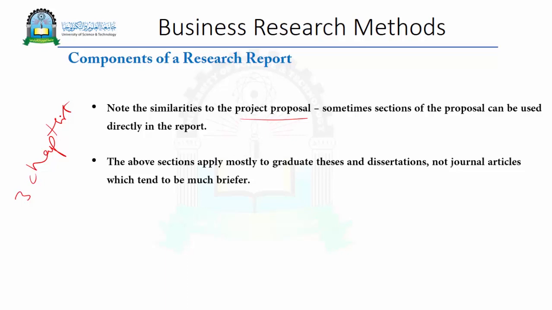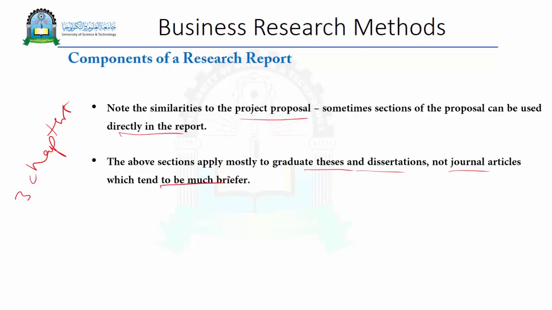Sometimes sections of the proposal can be used directly in the report, and the above, which is the proposal, applies mostly to graduate theses and dissertations, not journal articles, as we talked about earlier, which tend to be much briefer.